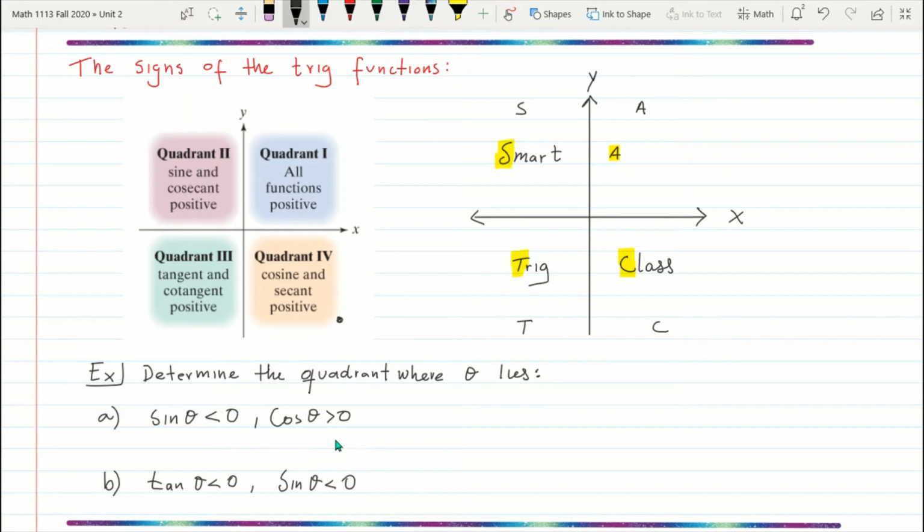So one easy way to do it is make yourself a little x and y quadrant, and maybe wherever the overlap is. So where is sine negative? Sine is negative down here in the third and fourth quadrant. And then you want to see, well, where is cosine positive? Cosine is positive here. Therefore, we have some overlapping here in the fourth quadrant.